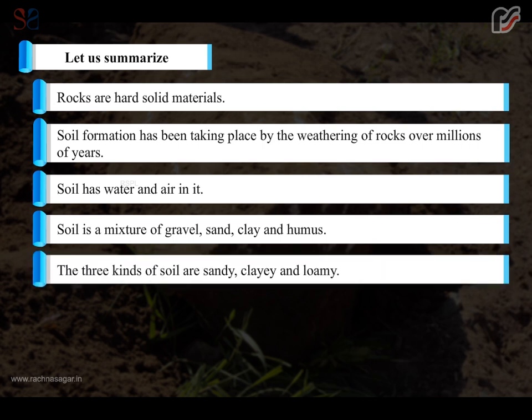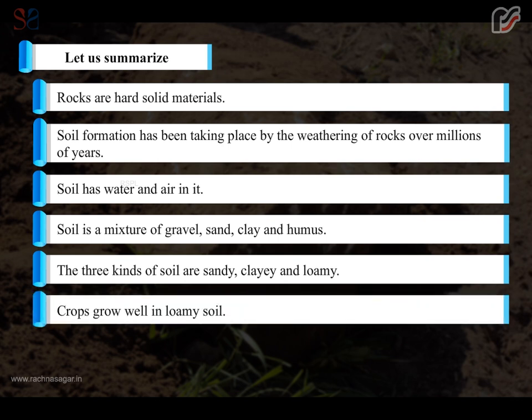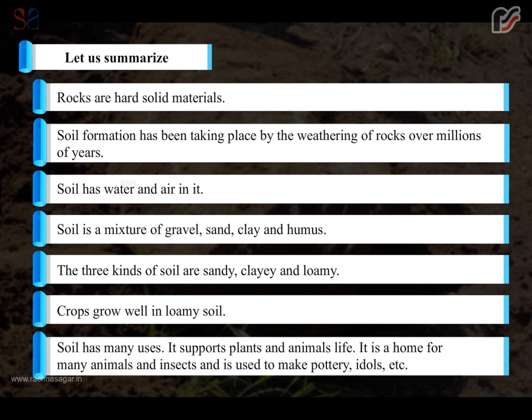The three kinds of soil are sandy, clayey, and loamy. Crops grow well in loamy soil. Soil has many uses. It supports plants and animals' life. It is a home for many animals and insects and is used to make pottery, idols, etc.